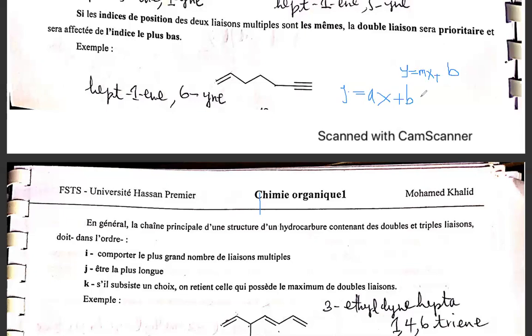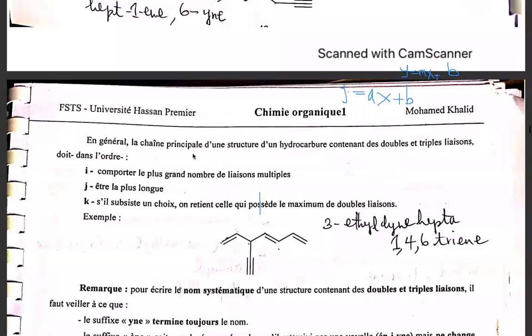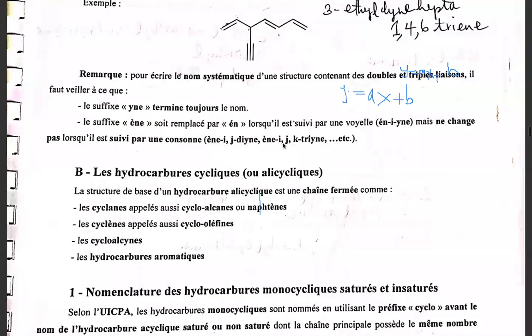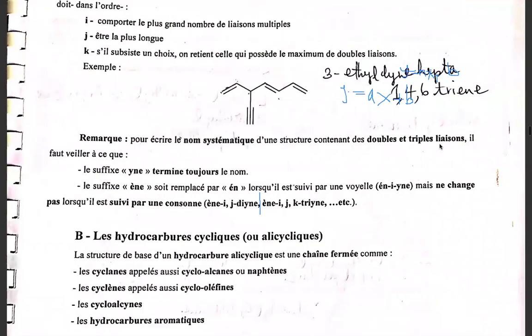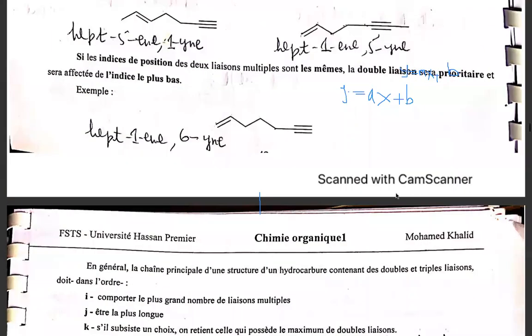It's just a representation. So what I'm trying to say is the K, the L, the M, and all those things, let me just show you. The I, the J, the K, etc. They just represent the positions of these substituents.